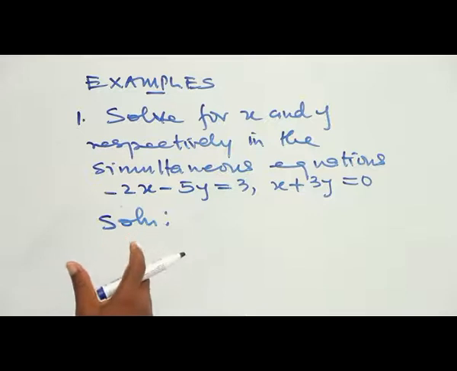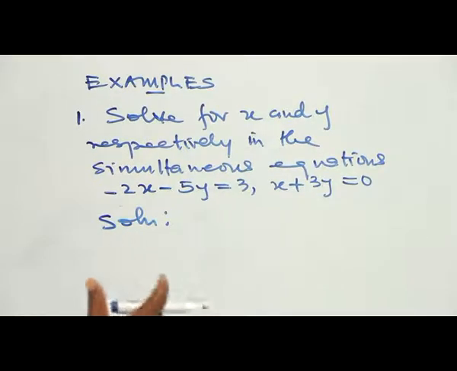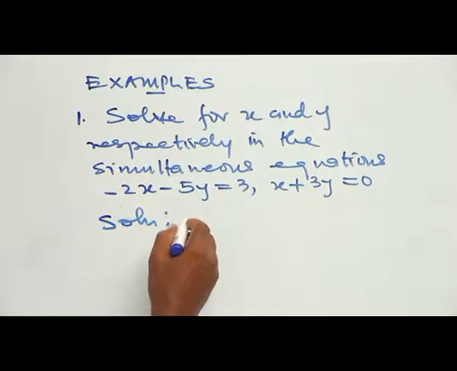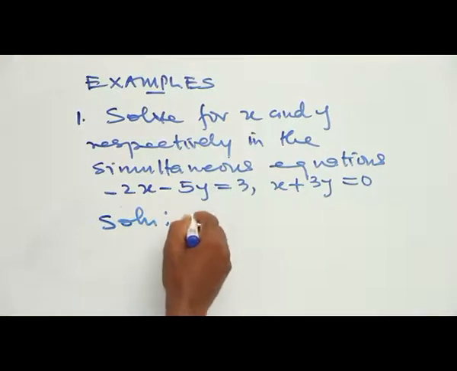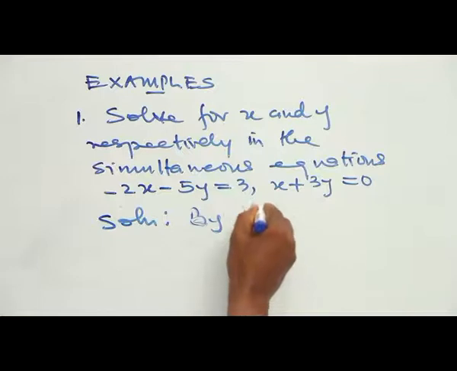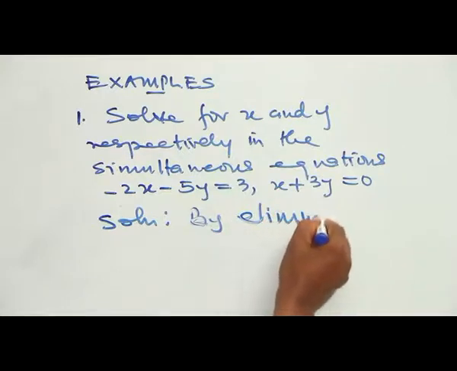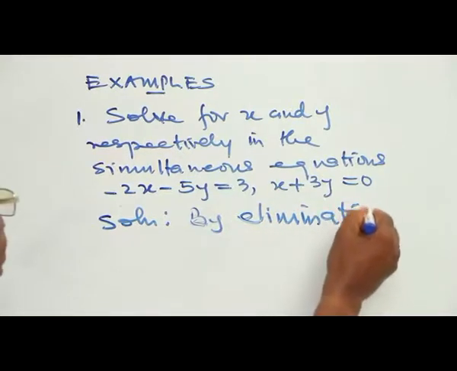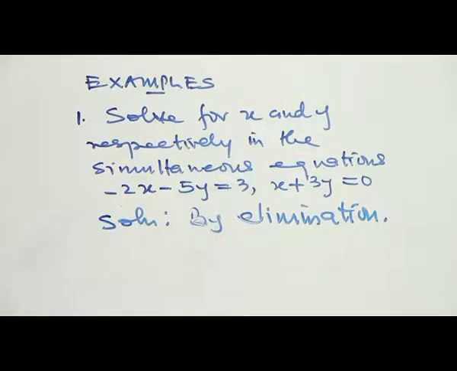We made s the subject of the formula in the second equation, and then we substituted in the first equation, and then we got the value for y, substituted again, and we got the value for s. Then we wrote down our answer. But this time around, we want to use the method of elimination. To eliminate means to remove.